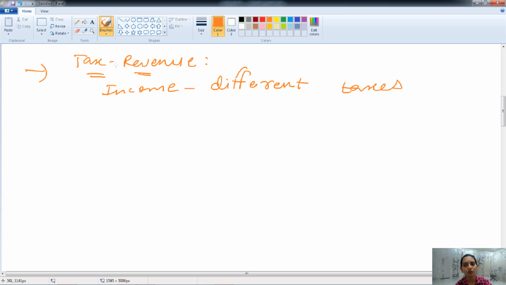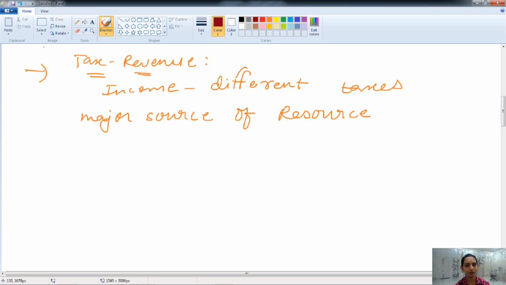Tax revenue is a major source of revenue from the public. Each and every citizen by law is bound to pay taxes, and if they do not pay the taxes, then that act is punishable. Therefore the tax revenue is very important.